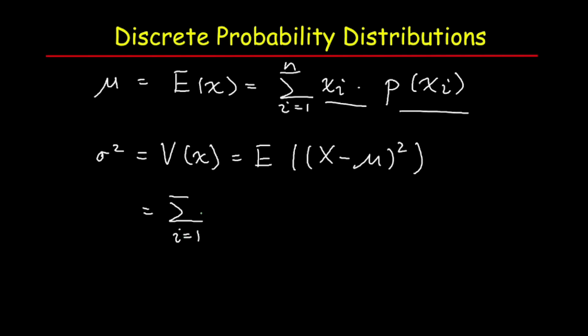Sigma i equals 1 to n, (xi minus mu) squared, times p(xi).